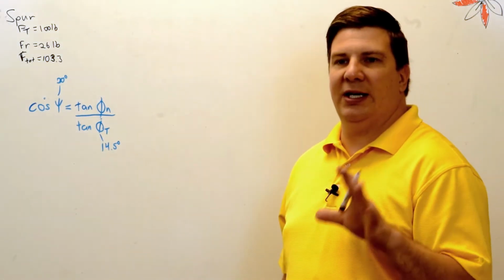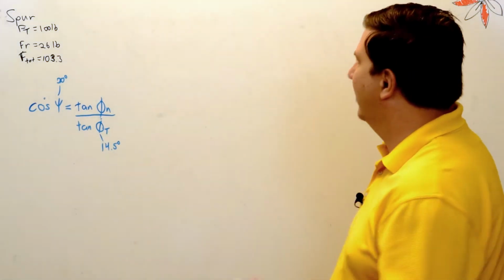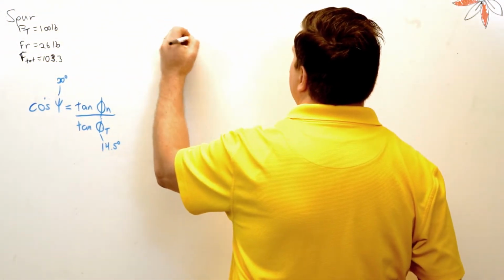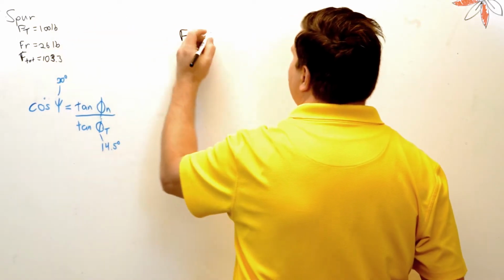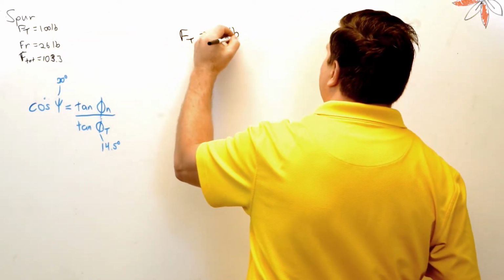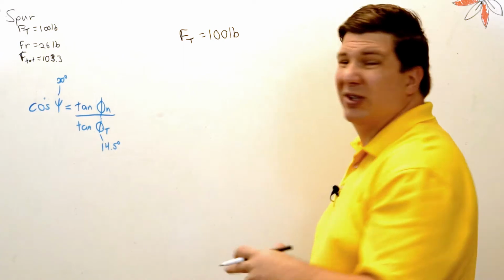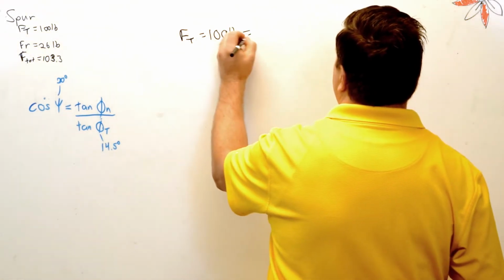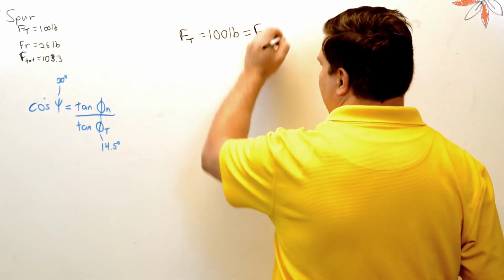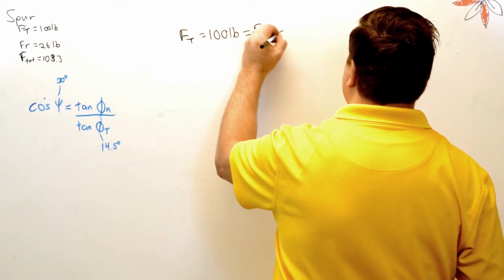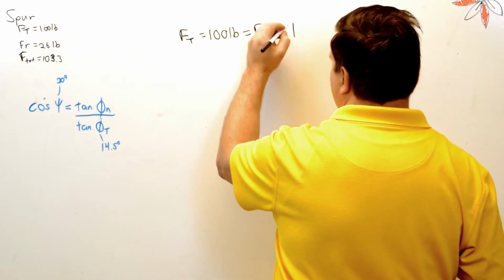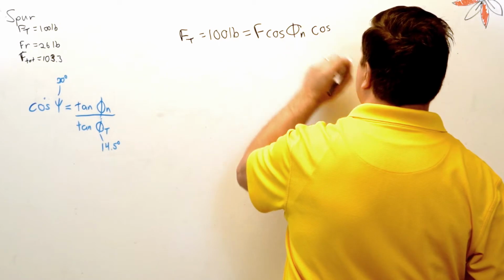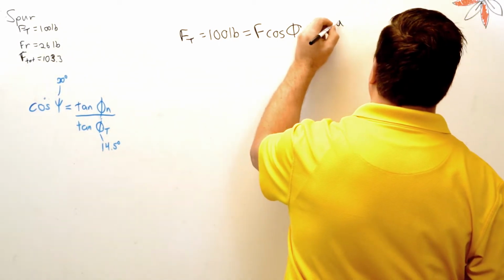Okay, so it's going to work a little bit differently. We're going to need to kind of back into one equation. So our first thing is we need to find the total force. Our tangential force, which we know, is 100 pounds. We're keeping that because that's the only thing that resists that torque. We're going to say that it is equal to an unknown force times the cosine of phi n times the cosine of psi.